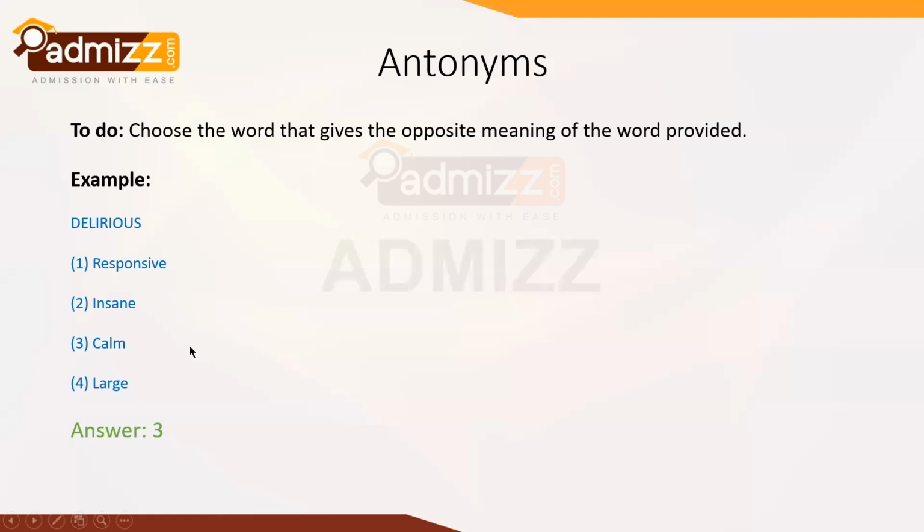For instance, take a look at this example. The antonym of delirious is calm, because delirious means a state of panic, and calm is the exact opposite of that. It symbolizes serenity, peace, and things of that nature. So it's pretty easy. Now we'll be moving directly into practice problems.